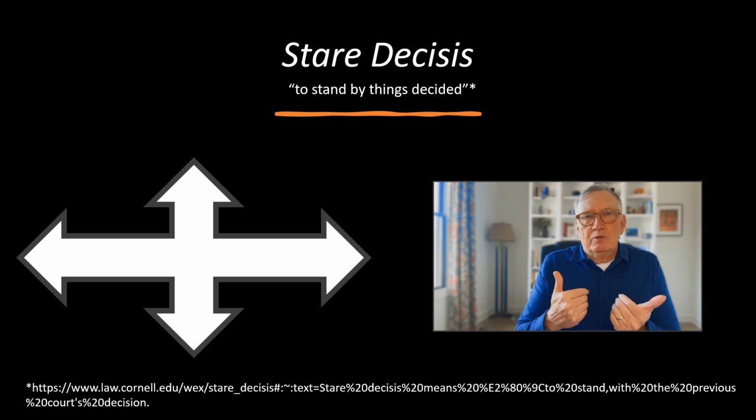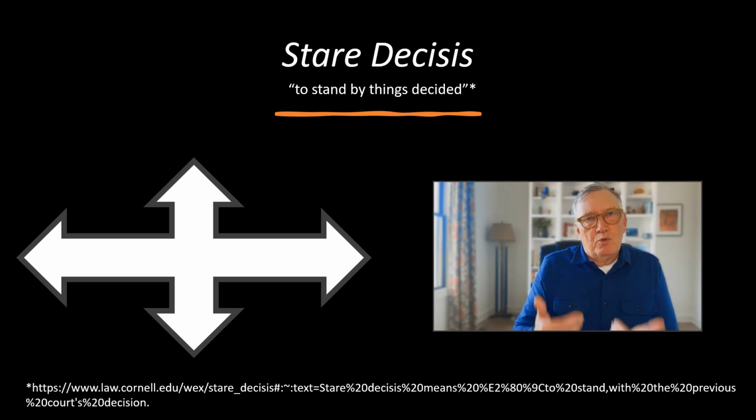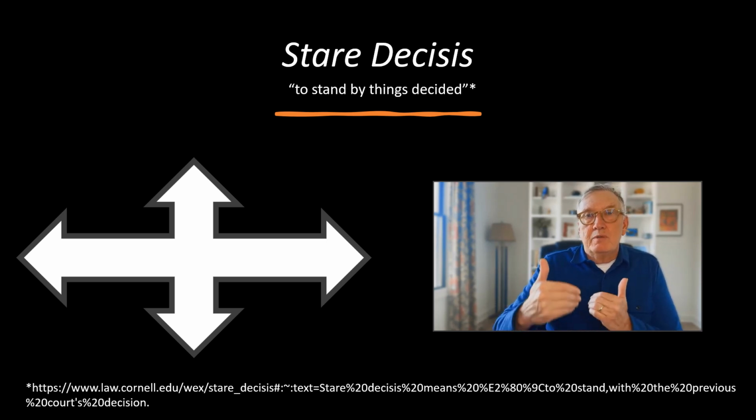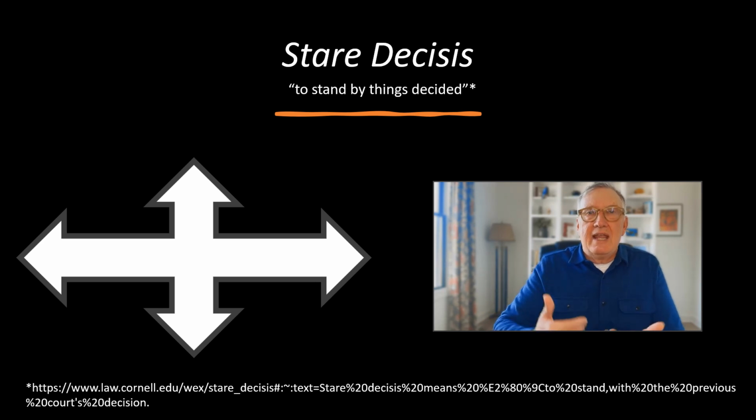So, for example, when the Supreme Court of the United States makes a decision, well, that's the highest governing authority when we talk about court rulings. And so lower courts are bound by the Supreme Court rulings. That's stare decisis, to stand by things decided.